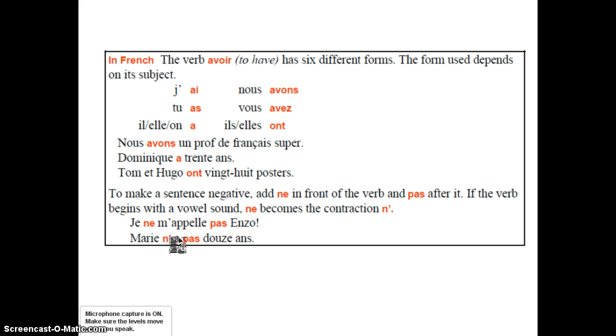Instead of saying do not, we say don't. Same kind of idea. They drop the E off and they put an apostrophe there and blend it all together. Either case, instead of saying Marie a 12 ans, Marie has 12 years, as in Marie is 12 years old, when you put that ne pas in there, it makes it Marie is not 12 years old. We'll definitely be talking about this more in class, but for now, if you need to rewind and repeat anything, go ahead and make sure you bring your notes to class with you.